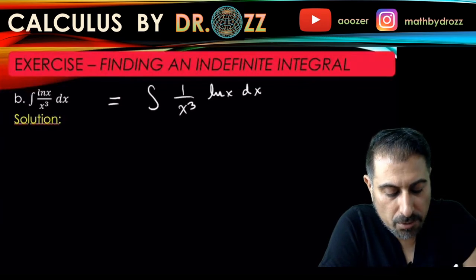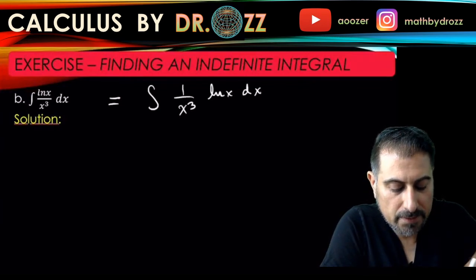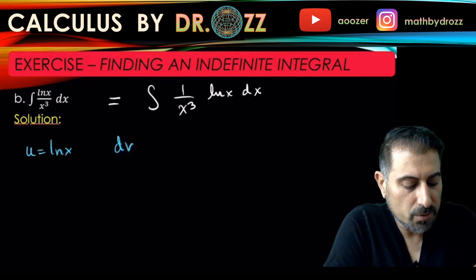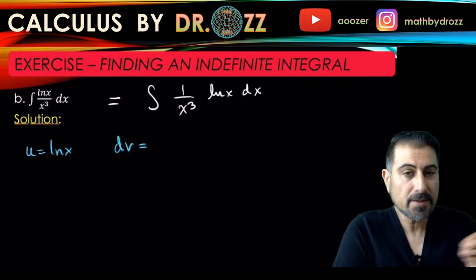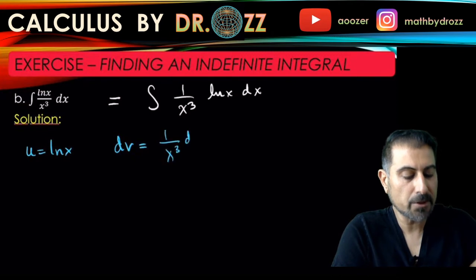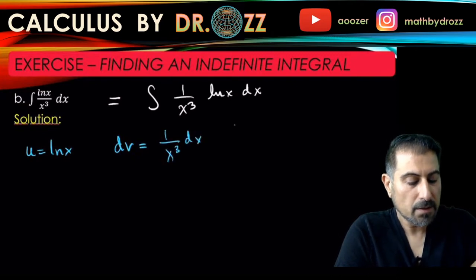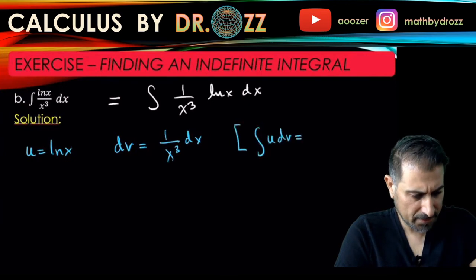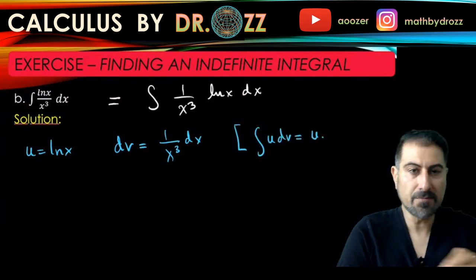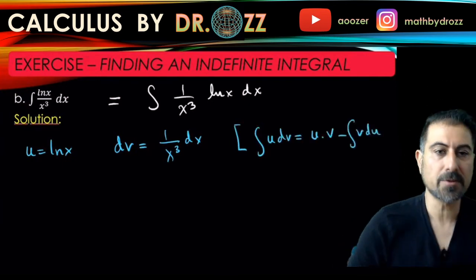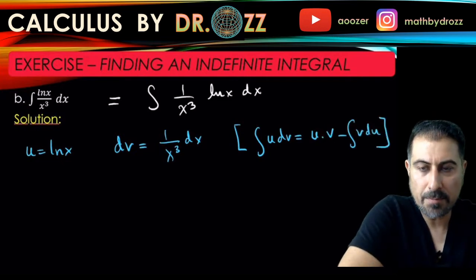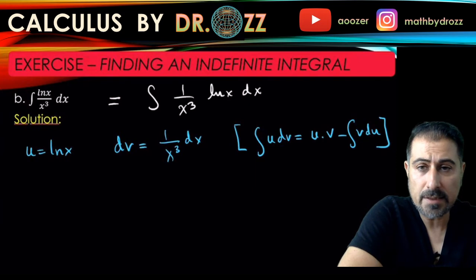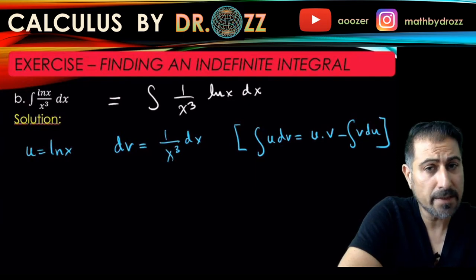I'm going to call u to be ln x, and then dv to be 1 over x cubed dx, to use the integration by parts formula, that the integral of u dv equals uv minus the integral of v du. That's exactly what I'm trying to use for this problem, because there's no other easy way to integrate this integral by the known techniques other than integration by parts.